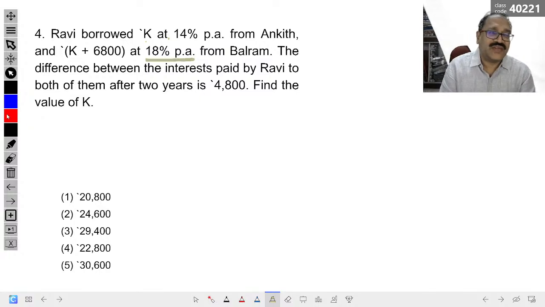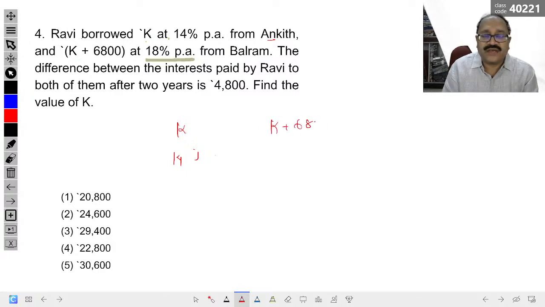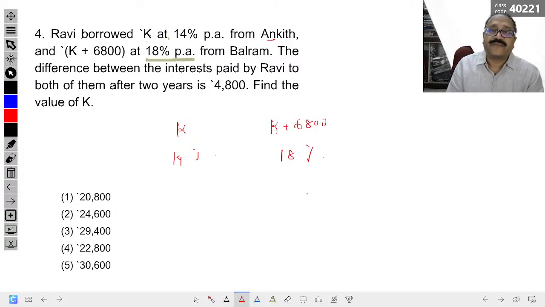Okay, so we have the very clear information over here. It is saying that borrowed from Ankit is K. From Ankit, principal is K, and at the rate of 14% per annum. And K plus 6,800 at 18% per annum.